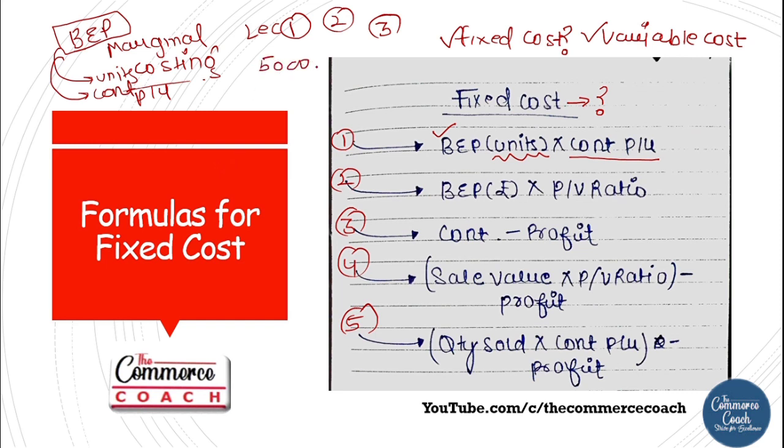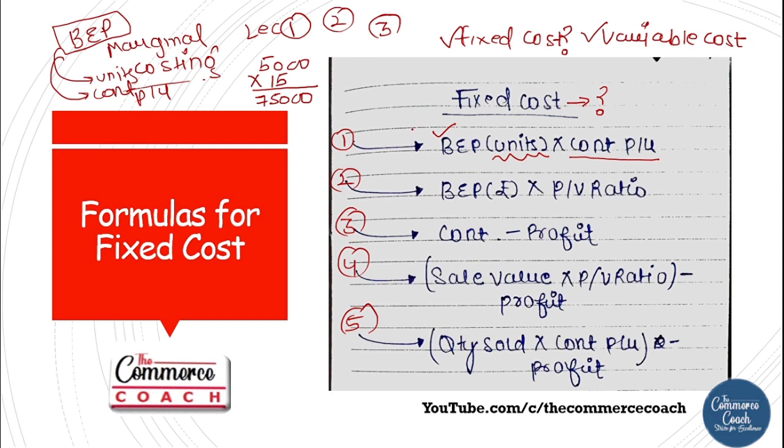Suppose the BEP is 5000 units and the contribution per unit is 15. Then you can simply find out that the fixed cost is 75,000. As simple as that.